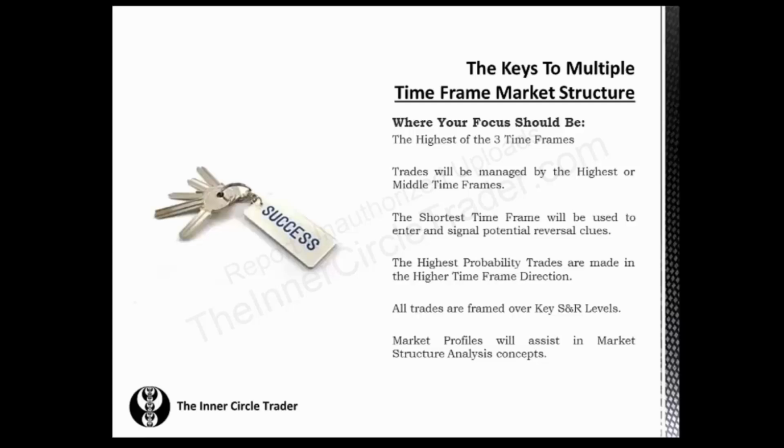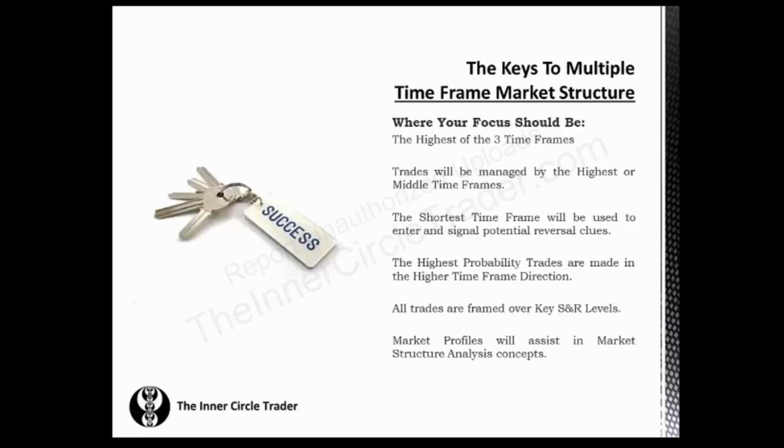Okay, the market structure that is on the daily chart, that's framing your swing trades. Once you get into a trade, you would be managing that trade on a 4-hour time frame, and you would just use the respective time frames we just talked about in the previous slide. And then your 1-hour chart would be used for timing purposes. So the shortest time frame in that regard for swing trading would be the 60-minute chart.